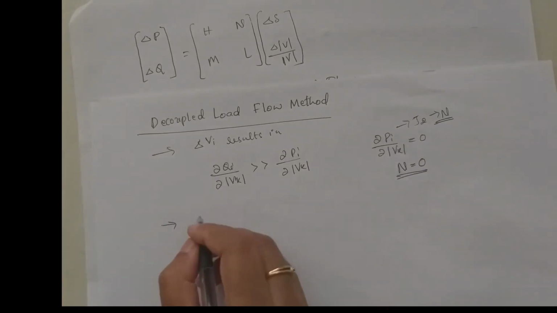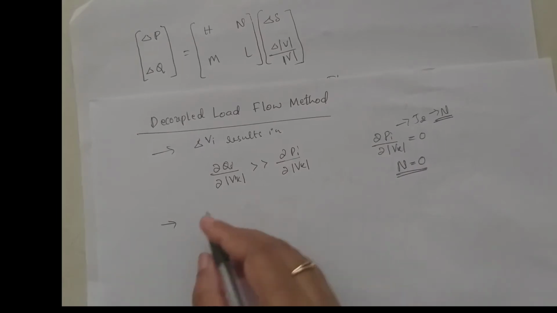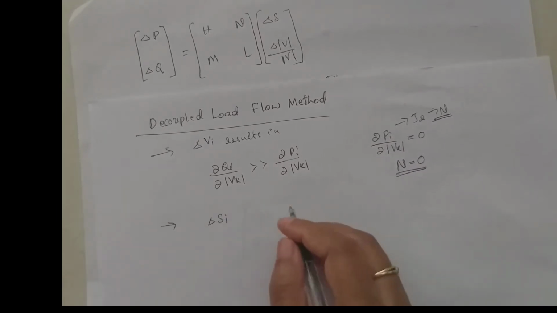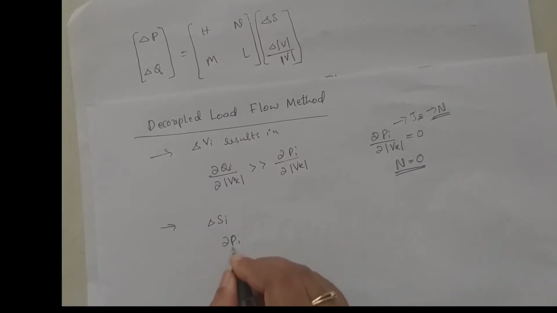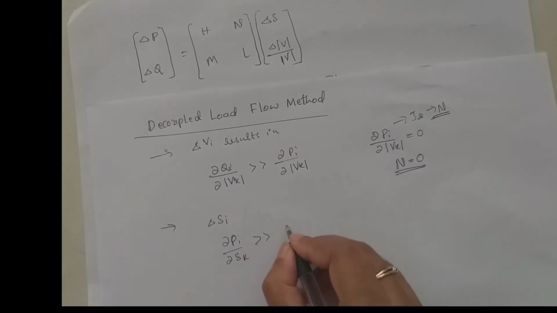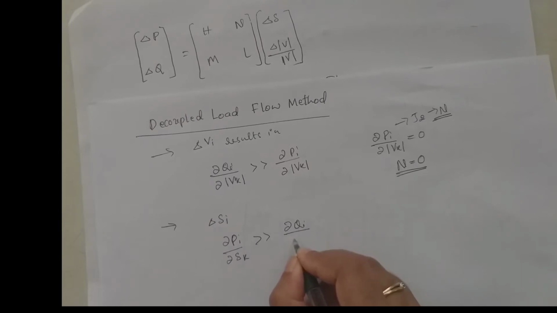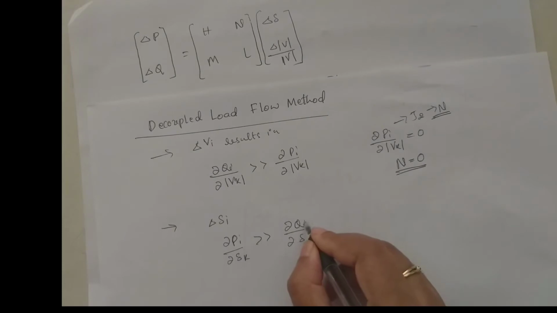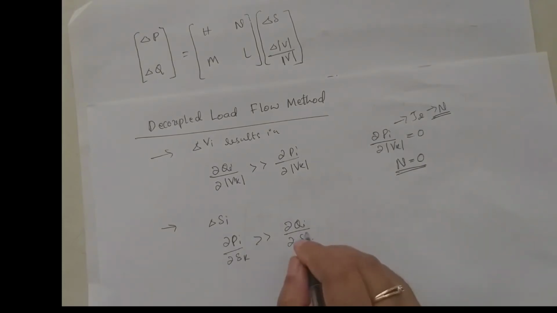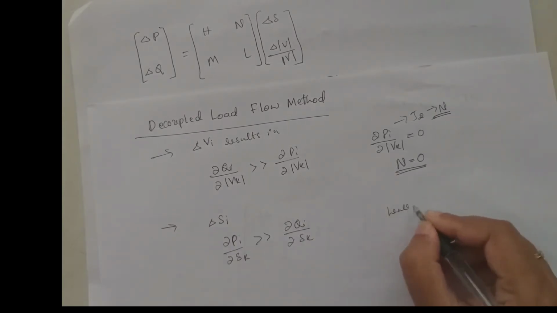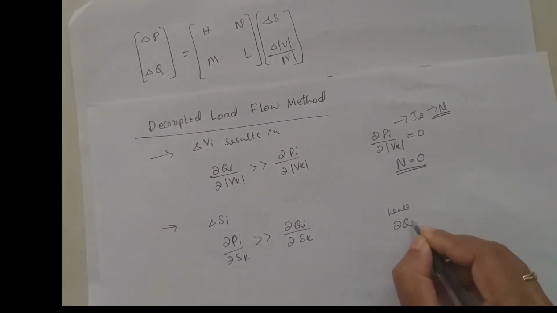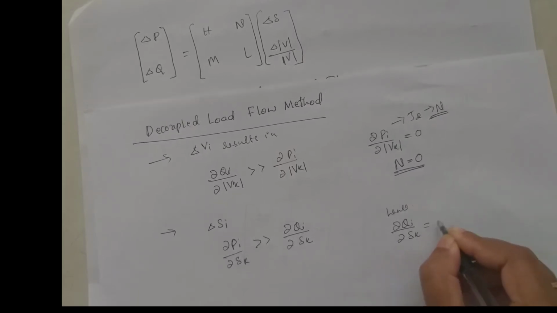Next, the change in phase angle delta I results in the partial differentiation of Pi with respect to delta K being very much greater than the partial differentiation of Qi with respect to delta K. So here the partial differentiation of Qi is very much less, and we are assuming this as 0. Hence the partial differentiation of Qi with respect to delta K is equal to 0.